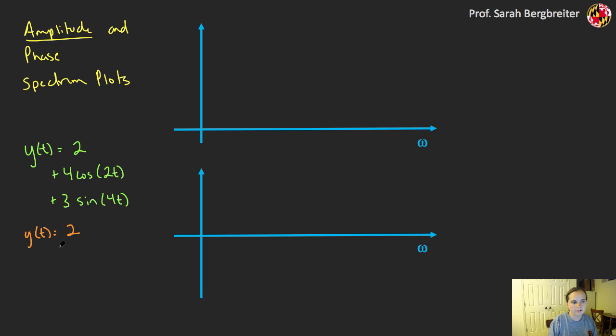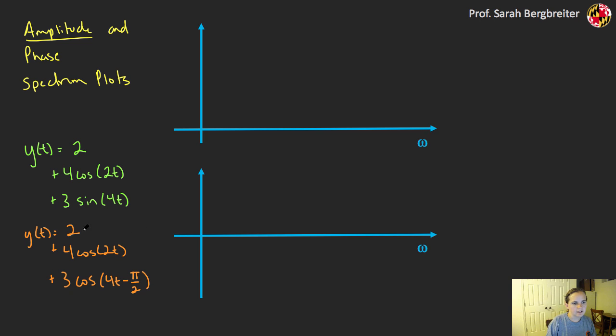So here y of t is going to be 2 plus 4 cosine of 2t, and then plus 3, and then I'm going to transform that sine to a cosine by adding a phase shift. It keeps the same frequency, but now I am just saying my sine is going to be my cosine with a phase shift of minus pi over 2, so minus pi over 2 in here.